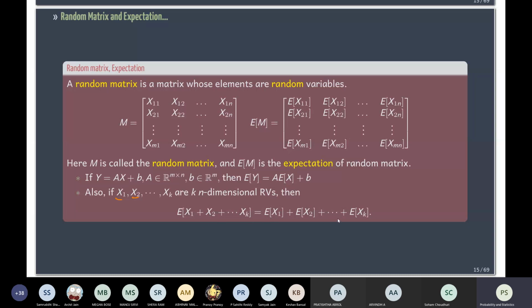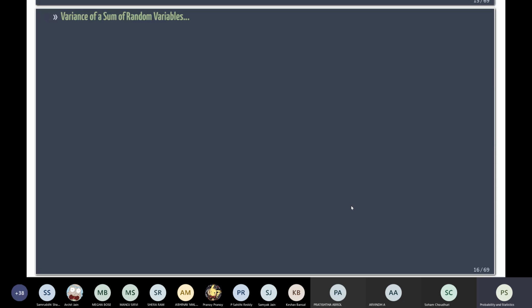Again, we can extend the definition in the same way due to linearity. I can treat each of them as a vector, so I can expand them like this: the expectation of the sum of the random vectors will be the sum of the expectations of the random vectors. So it just extends.